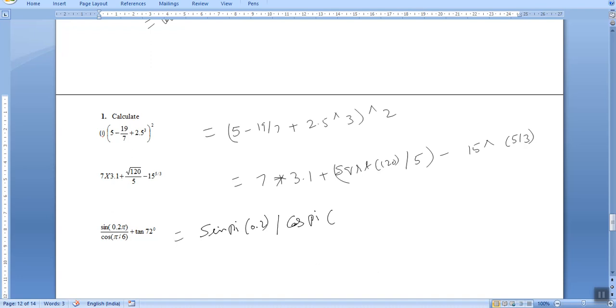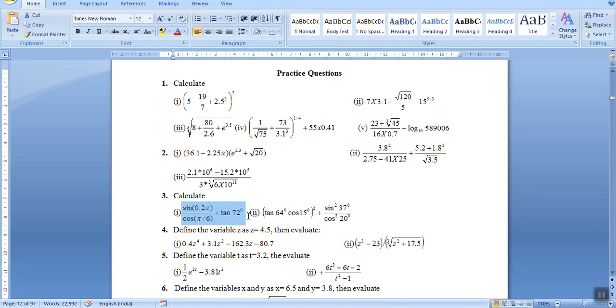If it is pi, then no need to write again. 1 by 6, plus tan in degrees, so write tand 72. In the similar way, find out the remaining.